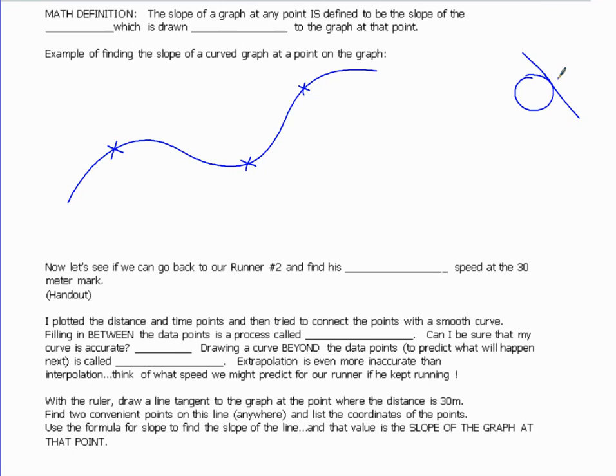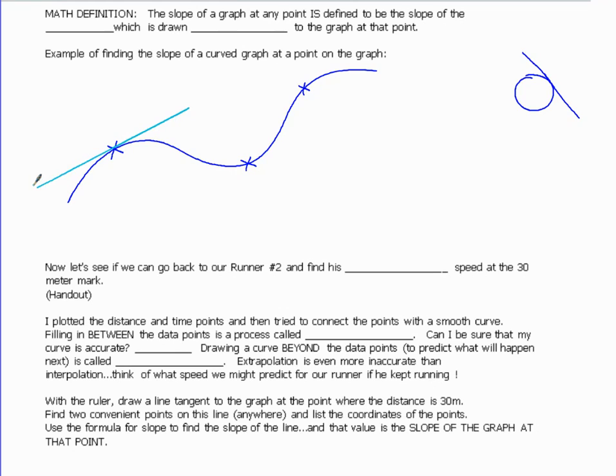And it's hard to really show you without actually showing you the ruler. I'm just going to try to freehand this. So the slope of this point here. I know you can't see this, but I have an actual ruler up here.